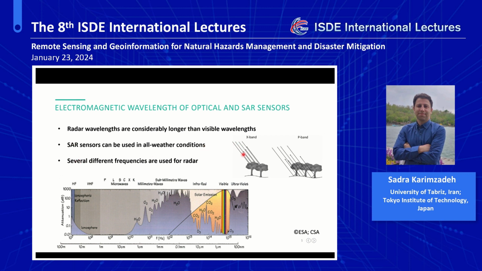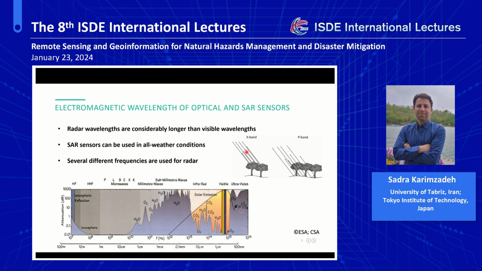And also sensors use different bands for different purposes. For example, in shorter wavelengths like X-band, you have low penetration, so if you would like to acquire information from the canopy of a tree, this is ideal. But if you need more penetration, you may use longer wavelengths like P-band or L-band.